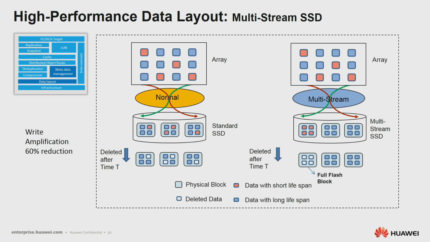When you have a multi-stream SSD, what we can do is put the short-lifespan data into one stream, the longer ones into another stream, and even longer ones into other streams, so that when the block with short lifespan expires, we have a whole flash block ready to be used. This means the drive will do less work when copying data around.